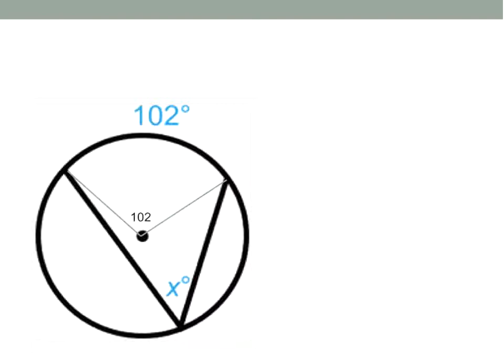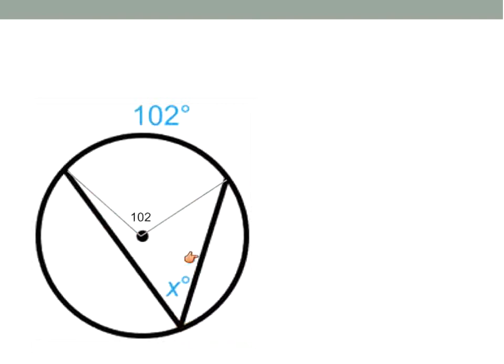Okay, don't freak out on me. Try this one. I gave you one. I'm asking you for the other. So before we go any further, look at the 2 that we're talking about.